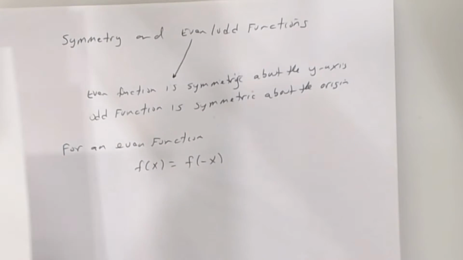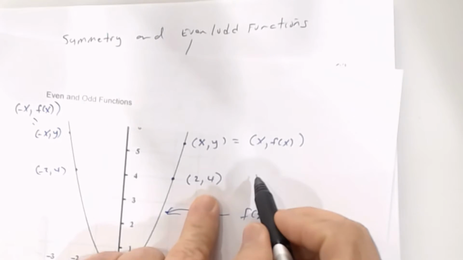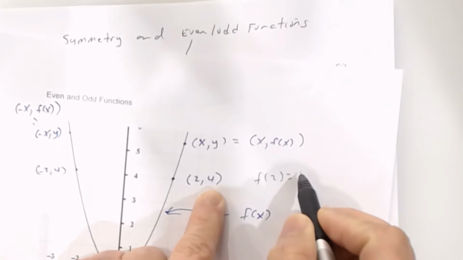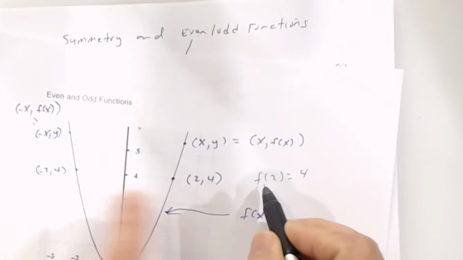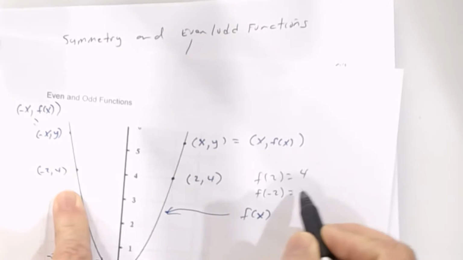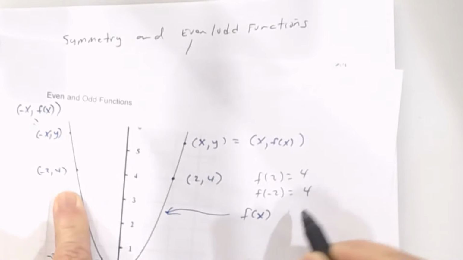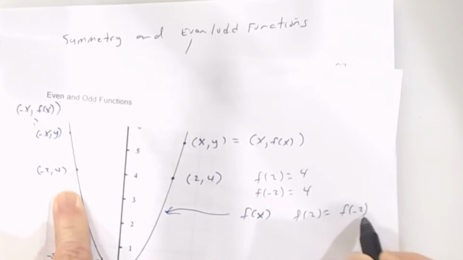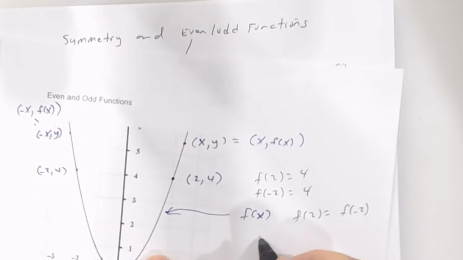F of negative x. And it makes sense because watch. What is f of 2? 4. What is f of negative 2? 4. So f of 2 is the same as what? F of negative 2, right? So f of 11 better be the same as what?